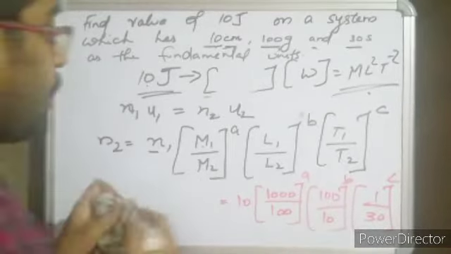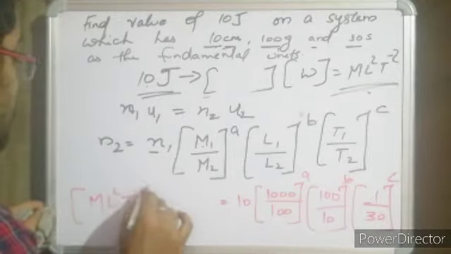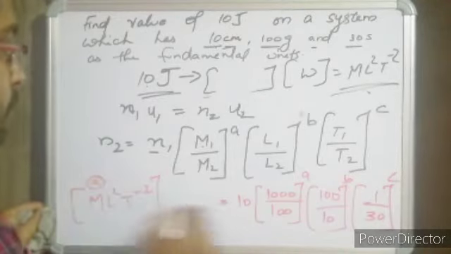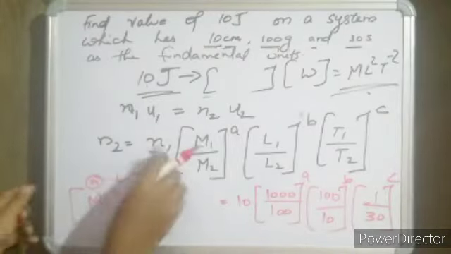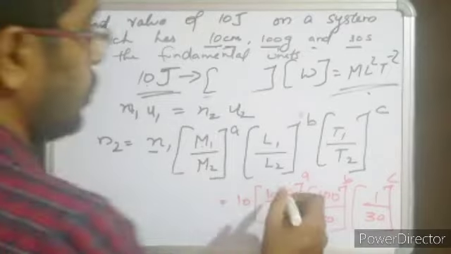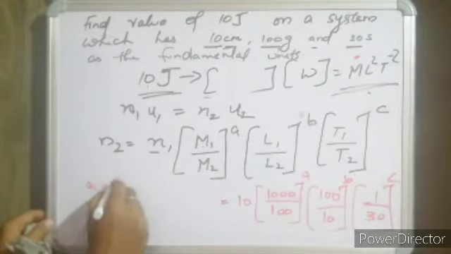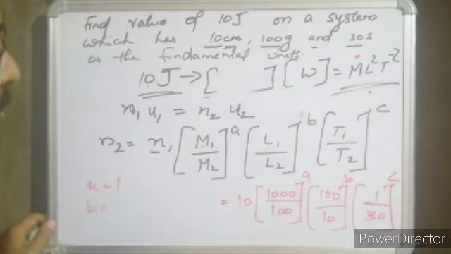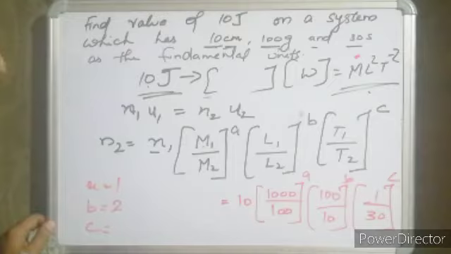Now you have to equate this, and this is equal to M L square T raised to minus 2, M to the power a, b and c. So a is equal to 1, b is equal to 2 and c is equal to minus 2.